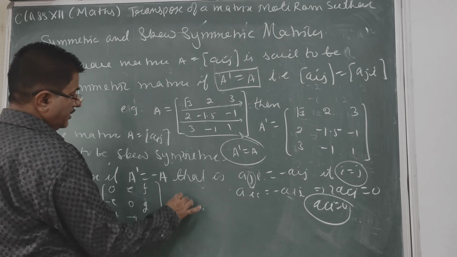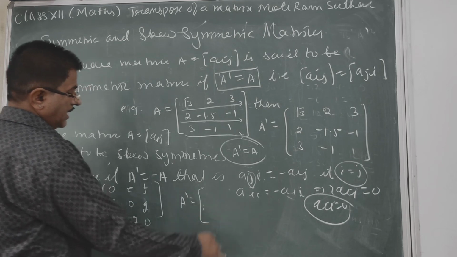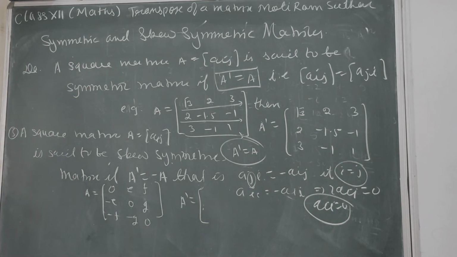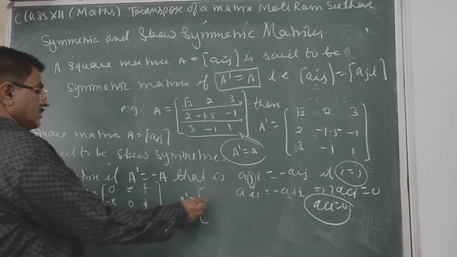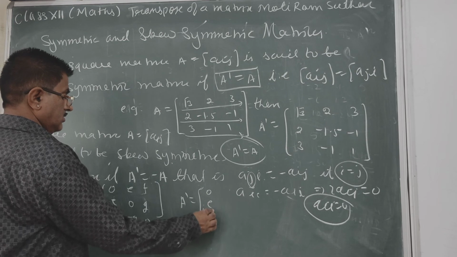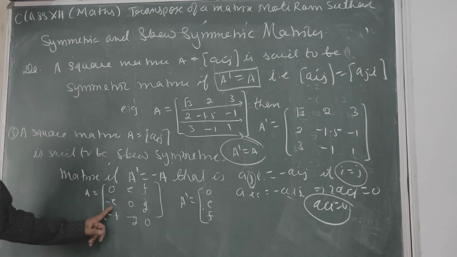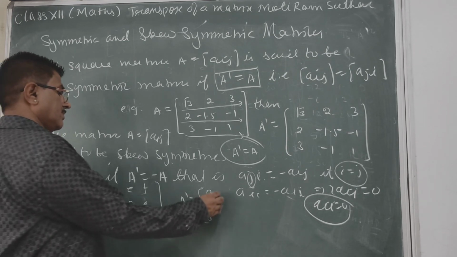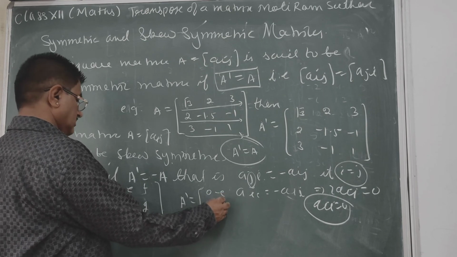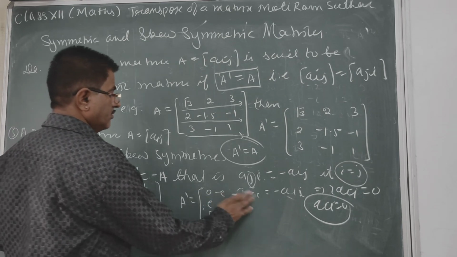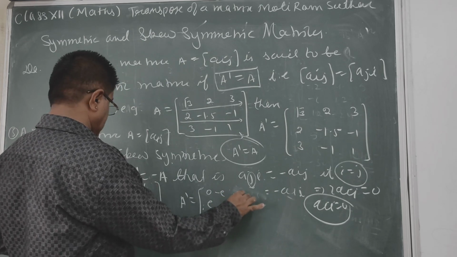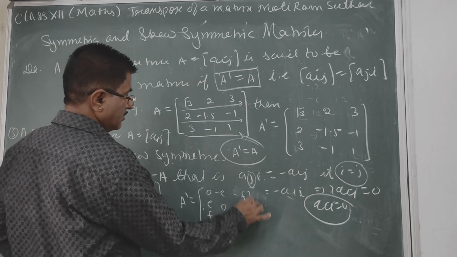So if you find the transpose of this matrix, अब इस मैट्रिक्स का अगर आप ट्रांसपोज निकालोगे तो this first row converts into first column: 0 E F. Second row into second column: minus E 0 G. Third row: minus F minus G 0.